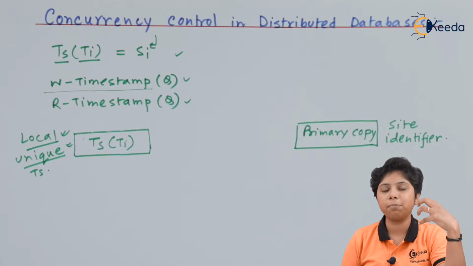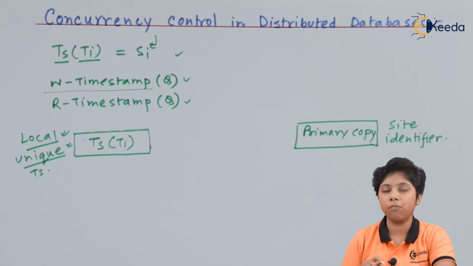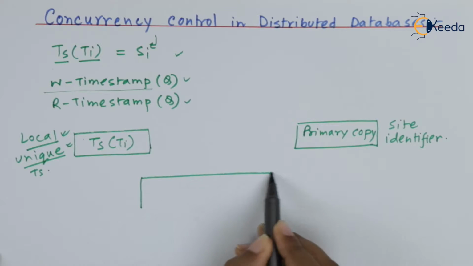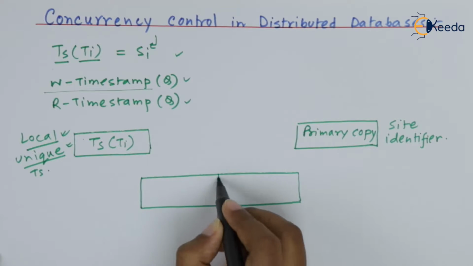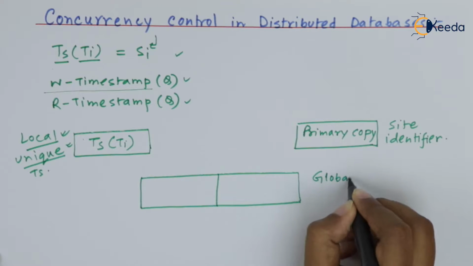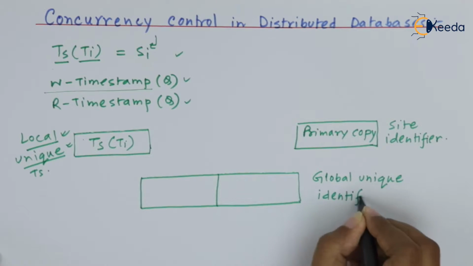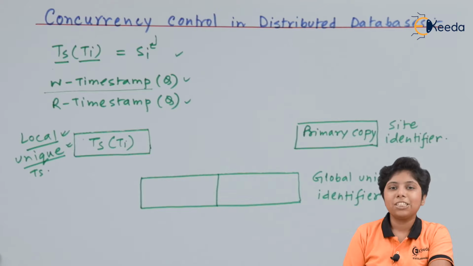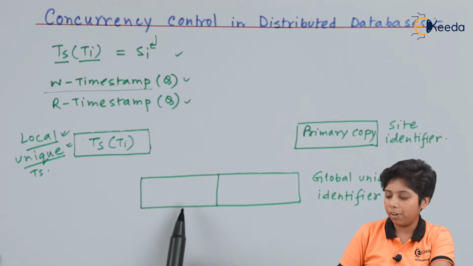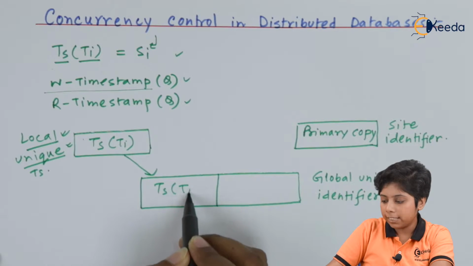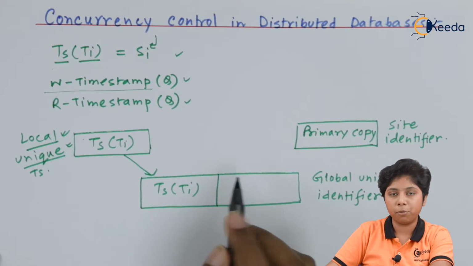The local timestamp along with the site identifier can be used to generate the global unique identifier. My global unique identifier consists of TS(Ti) as well as the timestamp of this primary copy.